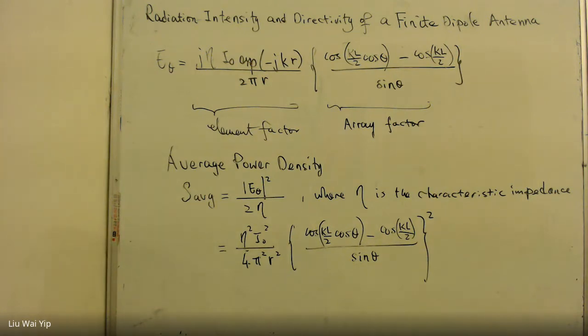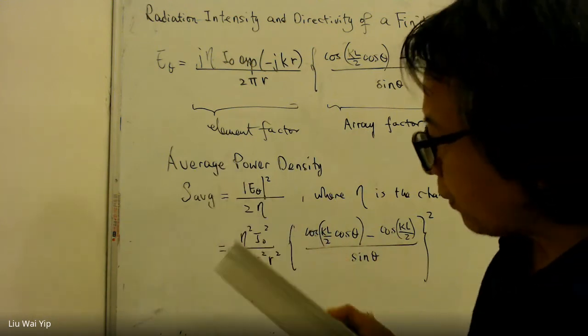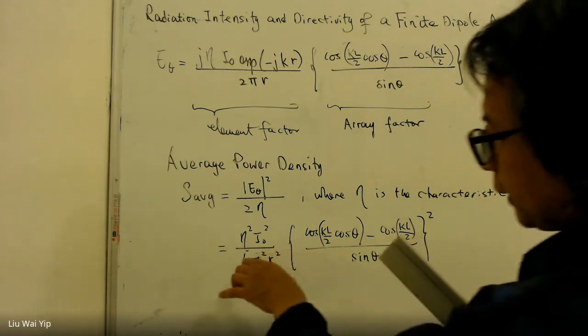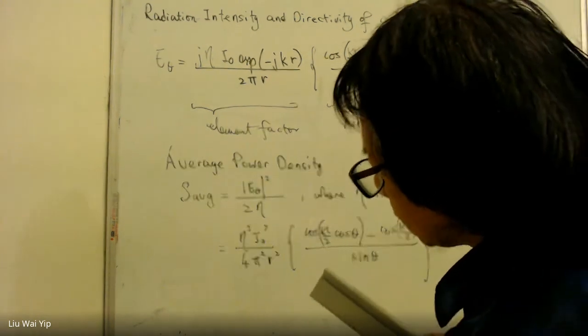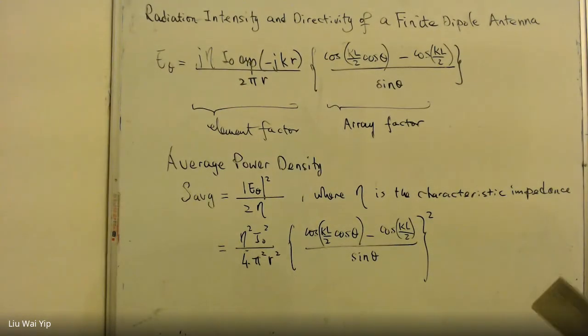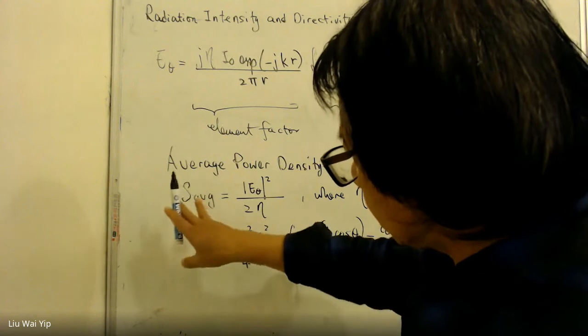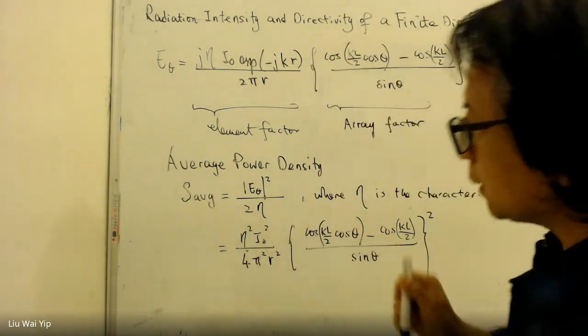Now that's good. If we can find the power density, there shouldn't be any problem finding the radiation intensity. The radiation intensity is given by the power density times r squared.